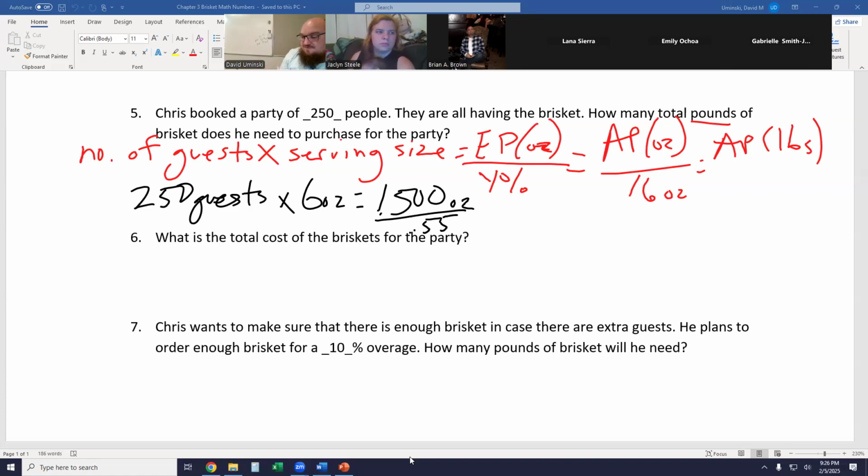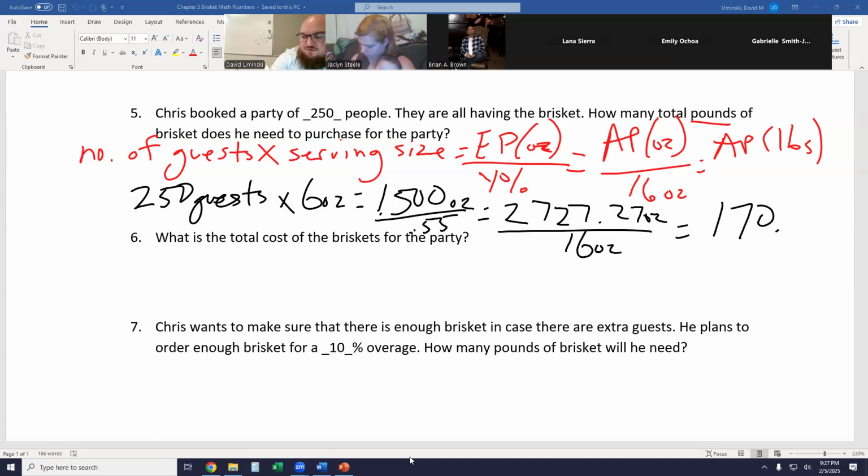1,500 divided by 0.55 gives me 2,727.27 ounces. Now we don't call up Cisco and say, hey, I need 2,700 ounces of brisket. That's where we divide by 16 ounces. So divide that by 16 ounces, we get 170.45 pounds.